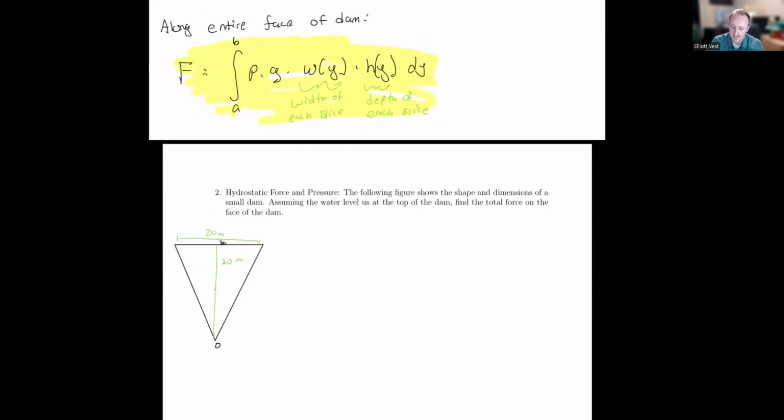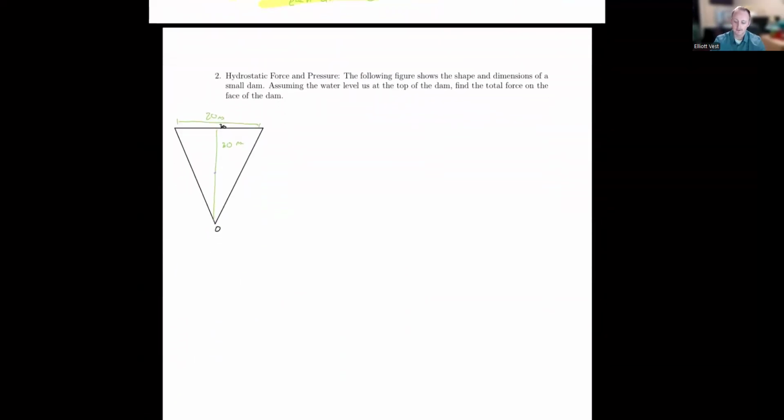So let's look at this in an example here. Hydrostatic force and pressure. The following figure shows the shape and dimensions of a small dam. Assuming the water level is at the top of the dam, find the total force on the face of the dam, which is the exact situation we were starting with here, which means we're going to be using exactly this formula here.